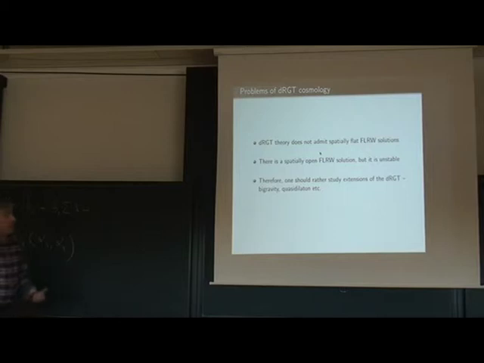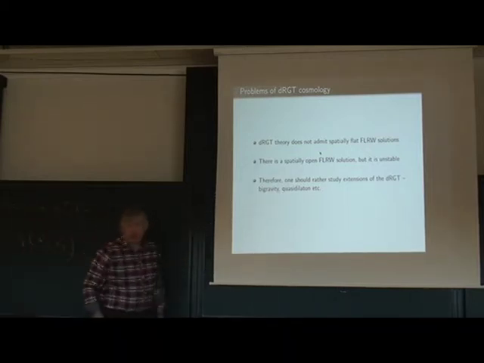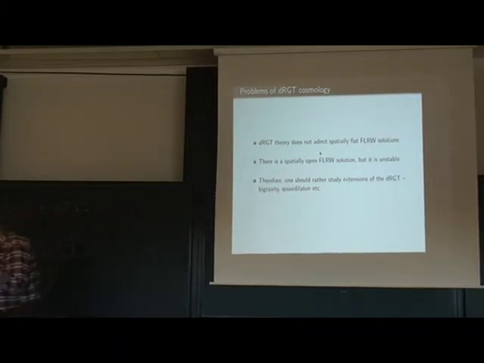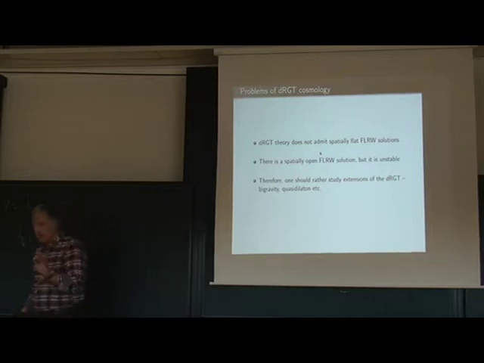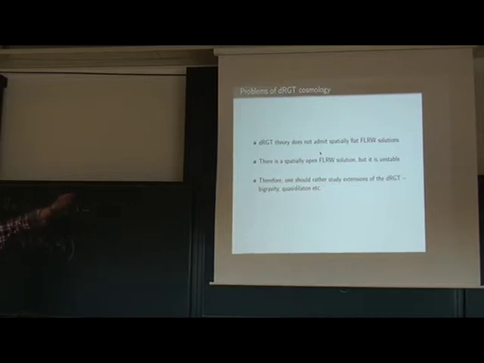People think that the theory does not admit spatially flat, homogeneous and isotropic cosmologies. One thing. There is a spatially open, homogeneous and isotropic one, but it is unstable. And on the basis of these two things, people think that the theory should be abandoned. And therefore, more or less, people now do quasi-dilaton and other things. But nobody really studies this.